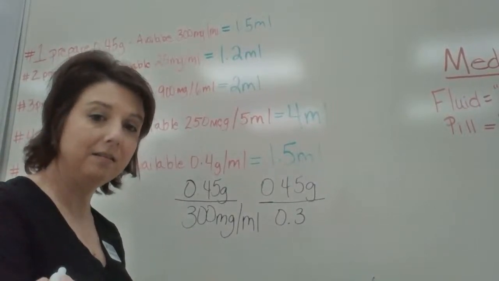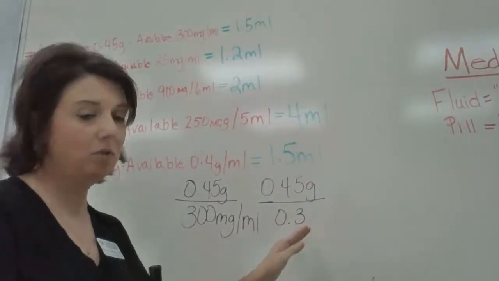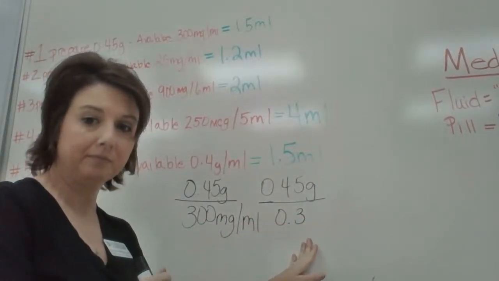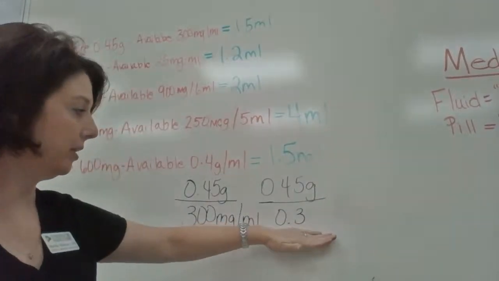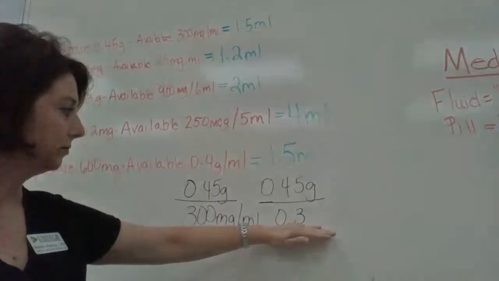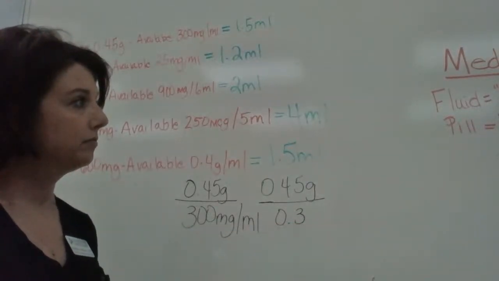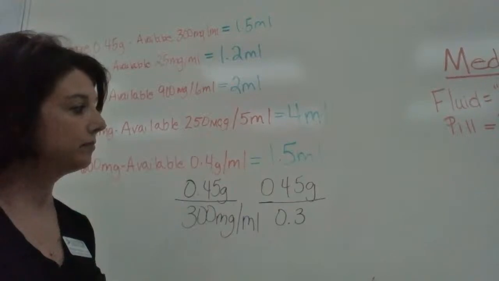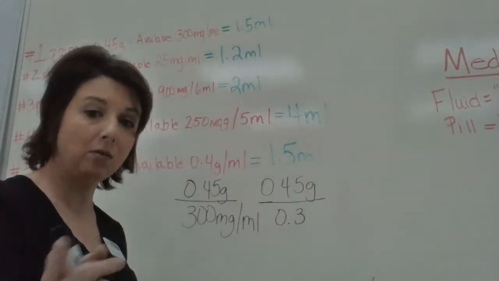That's right, Stephanie. But if we did this, then what? Then what next? Okay, 0.3 is if we divided the 300 by 1,000. Then what do we have to do?